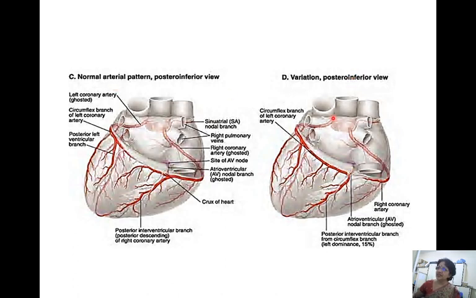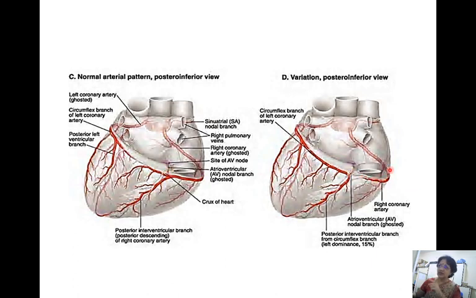But in the variation, the right coronary stopped here. It didn't even come up to the crux of the heart. What do you understand by the crux of the heart? This is where the interatrial and interventricular septa and the atrioventricular groove meet, the cross point where the four chamber walls meet each other. The crux is important for finding the AV node, which lies a little above it.